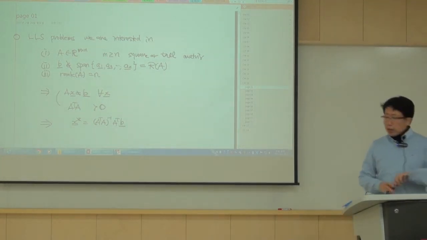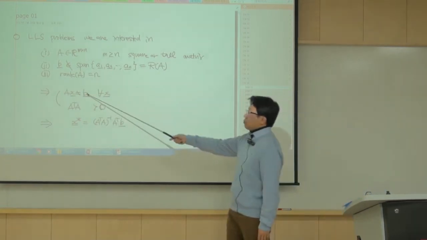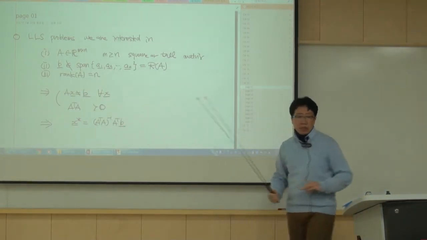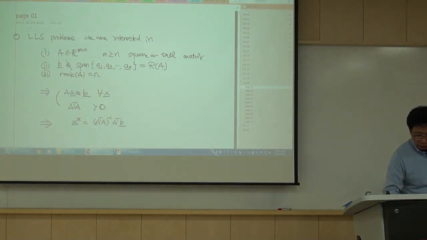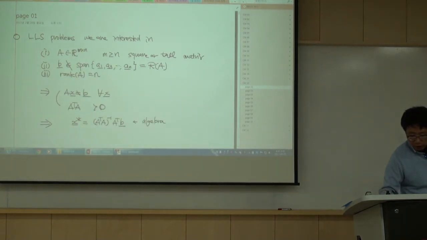Of course, Ax star is not b. So Ax star minus b is not 0. And here, for the derivation of this one, you just need algebraic manipulations.